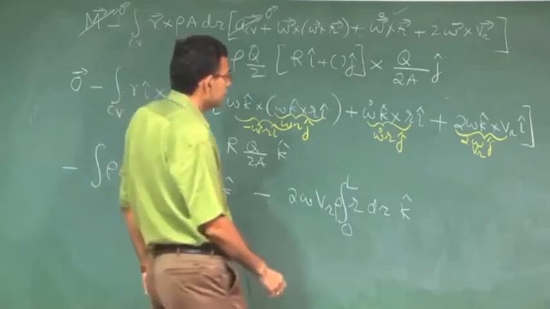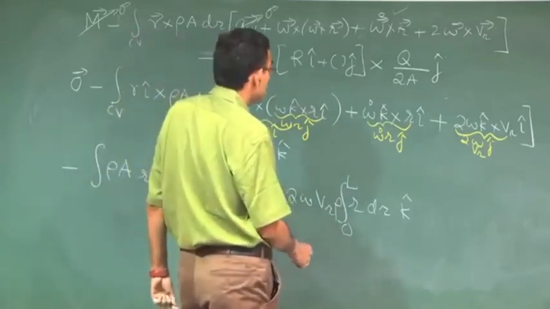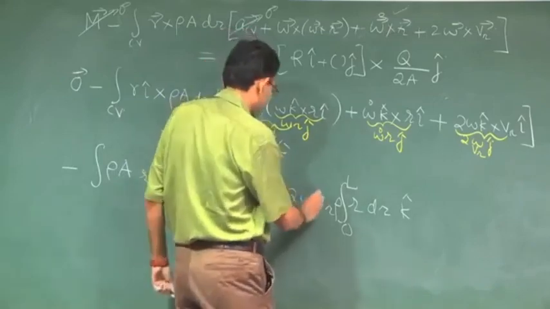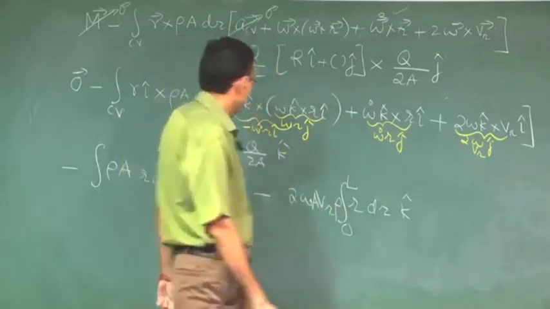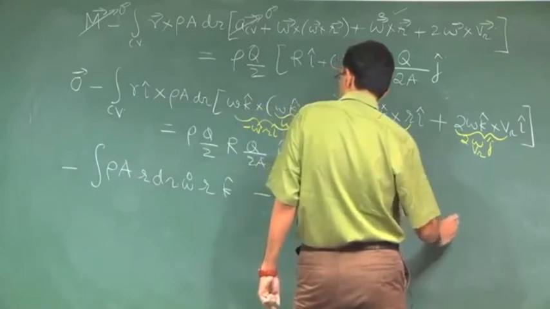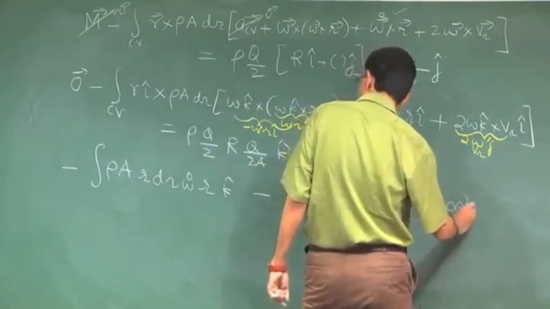Capital A is there, yes, is equal to rho Q square by 4A into L k.